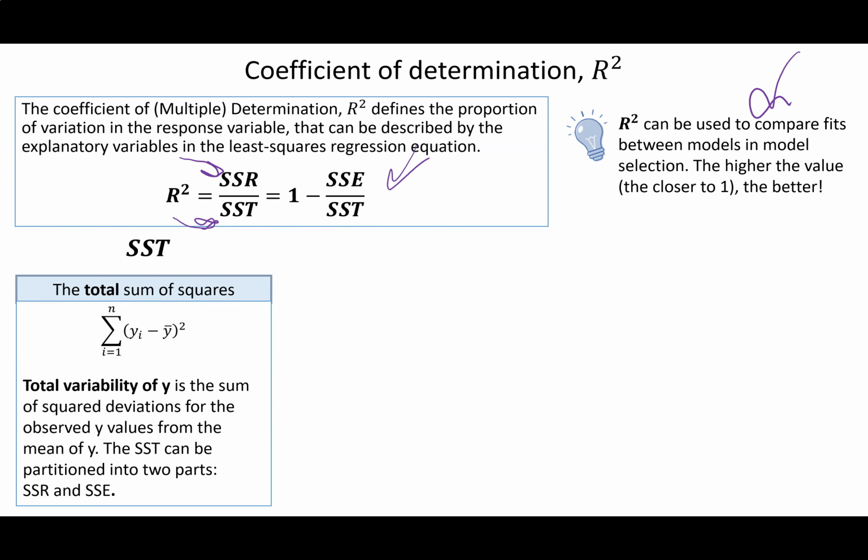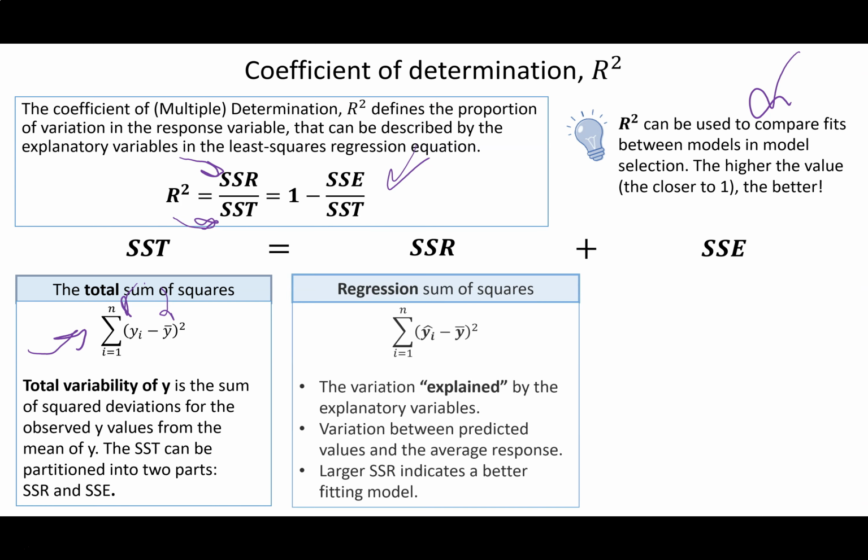So here's sum of squares total. This should be very similar from week 8. It's the total variability. Here you're looking at every single individual value in the response. How far is it from the overall mean? That will be your total variability of y. And then your regression sum of squares. This is how much sum of squares your model explains.